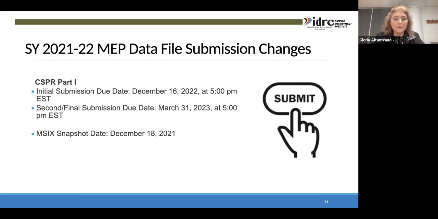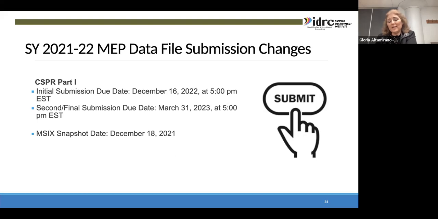And then M6 usually does their snapshot date December 18 of whatever year it might be. So when you're doing your data for this performance period, which would be September 1st of last year, 21, to August 31st of this year, all that data, you have to collect it, make sure it's correct.